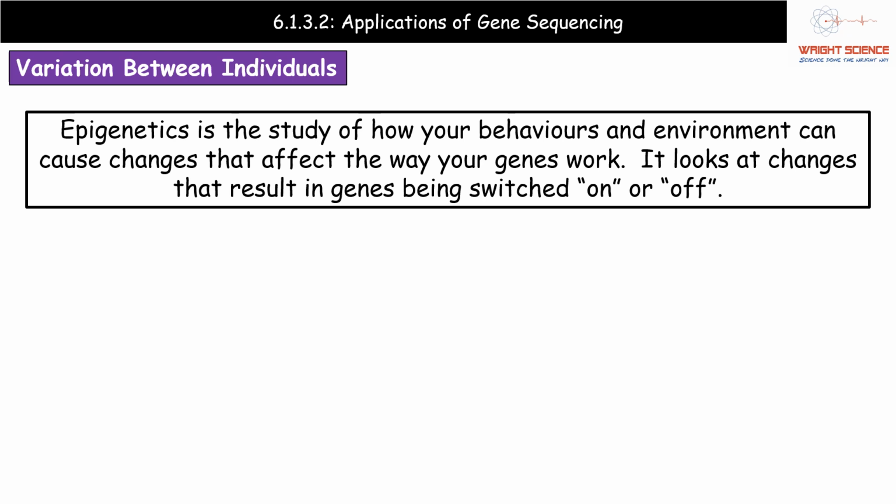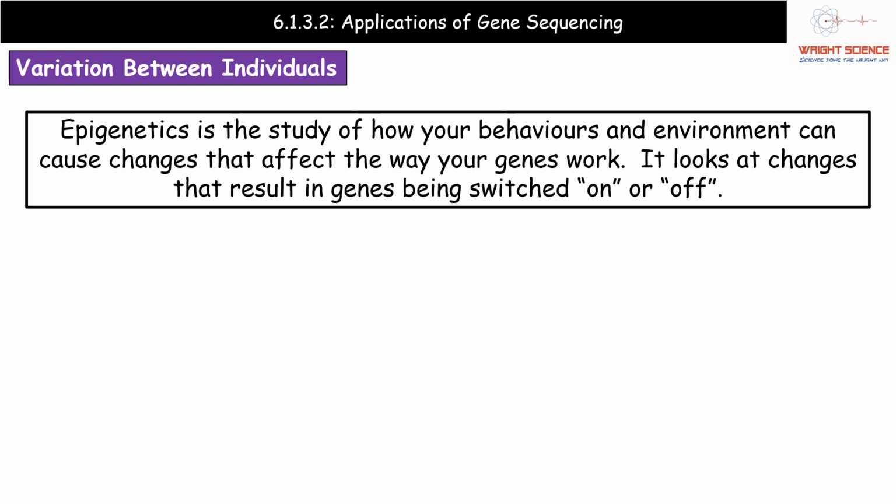One of the newer areas, I suppose, of genetics, which is actually really fascinating, and I highly recommend you read into this a bit more, is the field of epigenetics. So this is basically looking to see how your behaviours and your environment can actually alter the way in which your genes work.